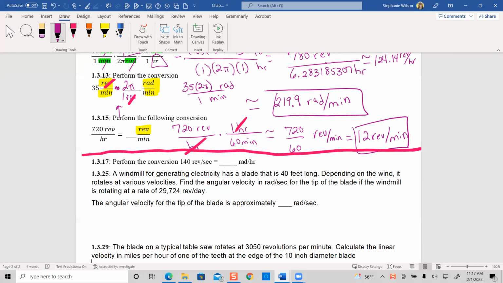I'm going to take that 140 revolutions per second and plug in what I know. You could do it 2 ways. One, we could say for every 1 minute, it's 60 seconds. Or you can say, all right, we know that there are 60 seconds in an hour, and there are 24 hours in a day.